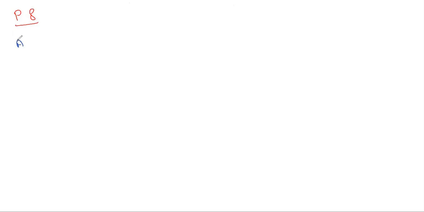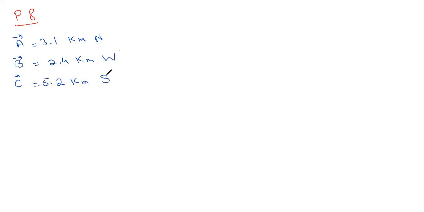Let me call this vector A, 3.1 kilometer north, capital N. Then a vector B, 2.4 kilometer west, and a vector C, 5.2 kilometer south.